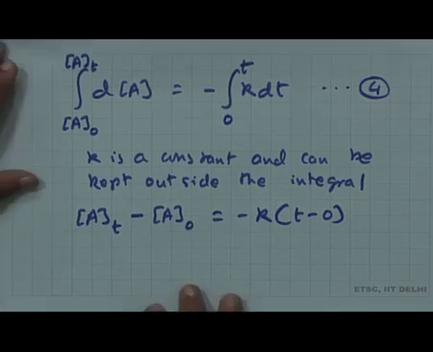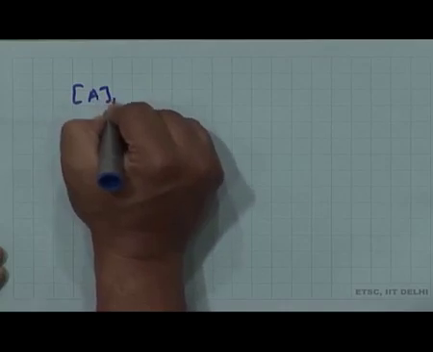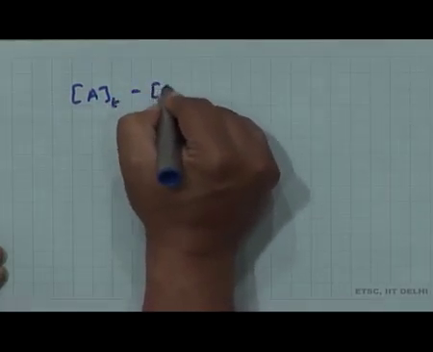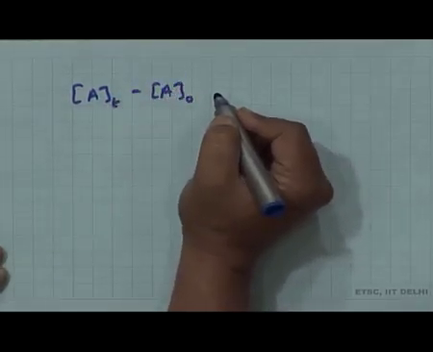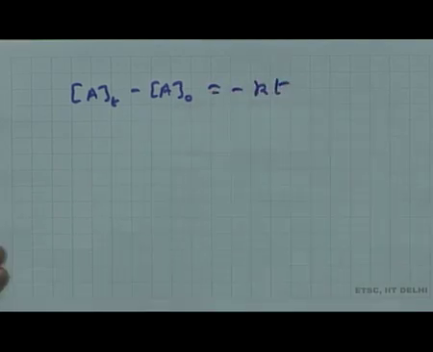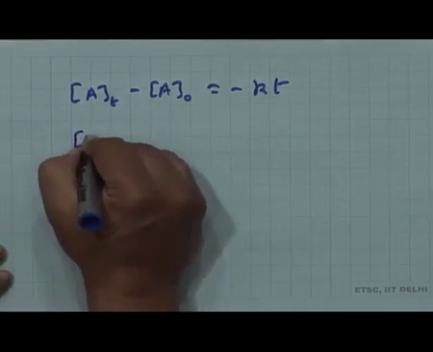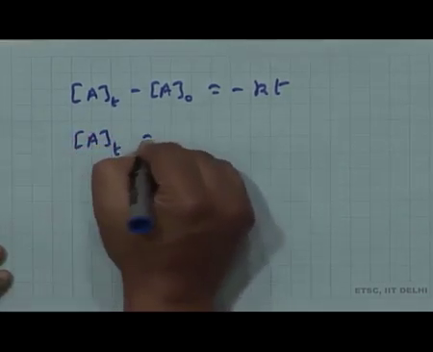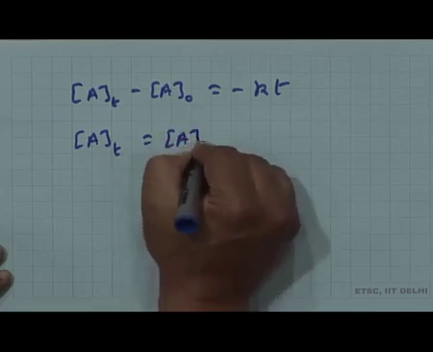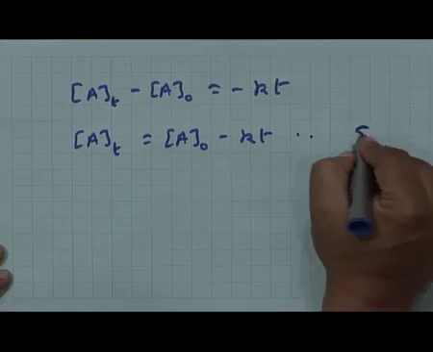Or I can write it again as A t minus A naught, my initial reactant, is equal to minus k t, or A t is equal to A naught minus k t. Let this be 5.